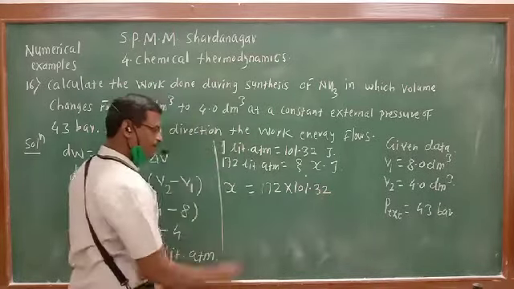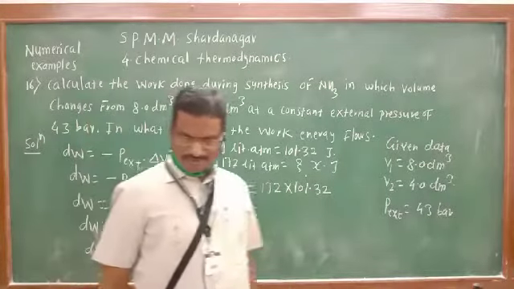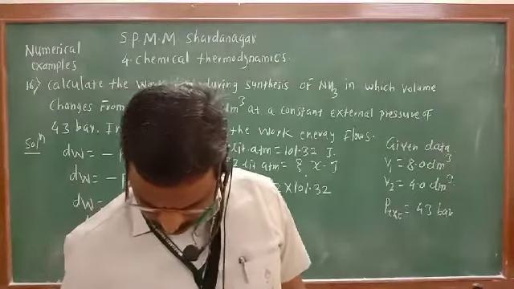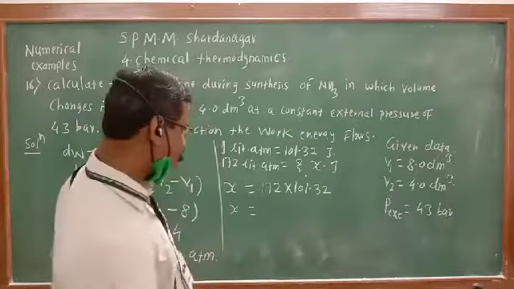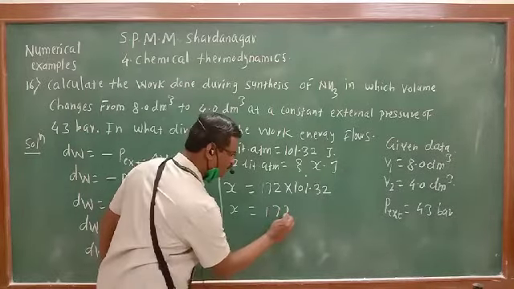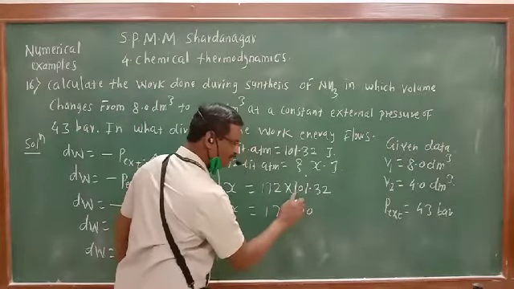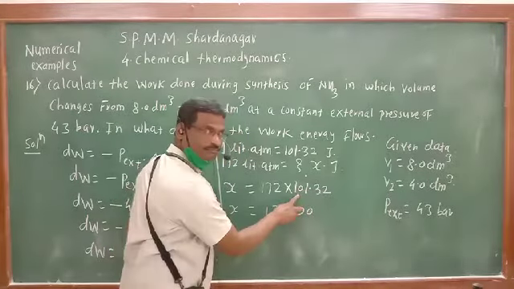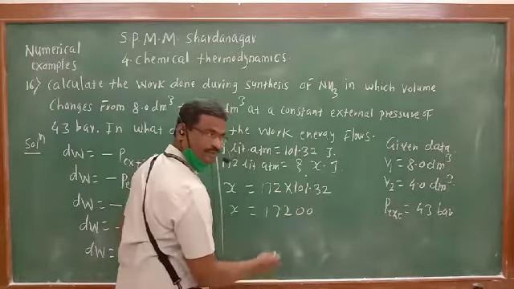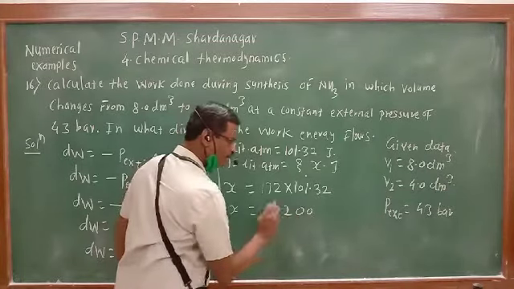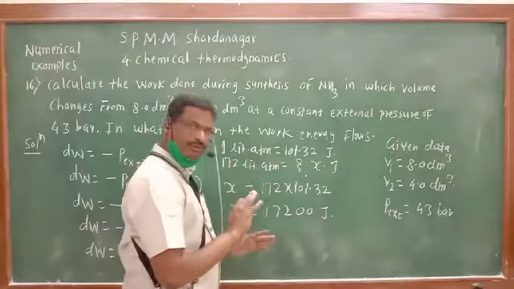101.32, and if we multiply, the answer comes to be almost 172 multiplied by 100 if you consider this as 100, so almost equal to 17200 joule, and convert it into kilojoule.